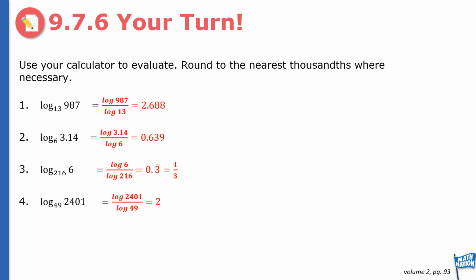Log base 216 of 6 is equal to log 6 over log 216, and that should give you 0.3 repeating, or 1/3. And then log base 49 of 2401 is equal to log 2401 over log 49, which equals 2.